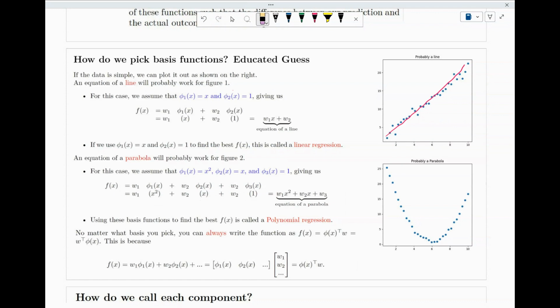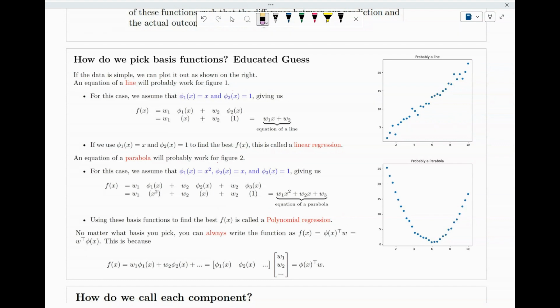And if we use these bases, these functions, to help us find the best function f of x, we call this strategy polynomial regression. Both of them are regression. One is linear, and the other, well, you're using a second order polynomial specifically.